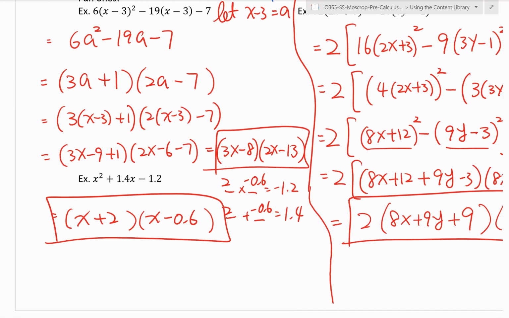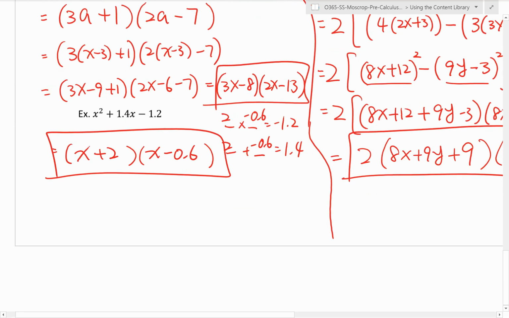Or what you could do is factor 0.1 out. Or this might be easier, I don't know. The reason we factor 0.1 out is because there's one decimal point and one decimal point. If you do that, you actually get 10x squared plus 14x minus 6. Oh, sorry, I don't know why it's minus 6. Minus 12.